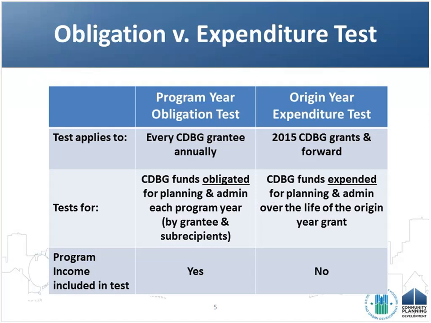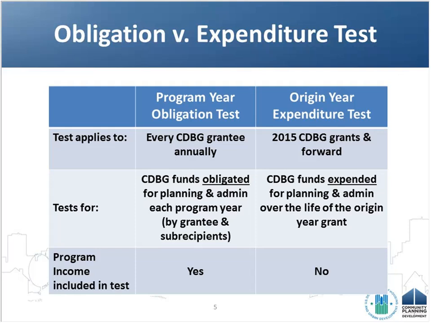For example, if the 2016 grant was used for admin activities, like 5% were used for program year 2016, and then in program year 2017, another 10% of that grant amount was used for admin and planning, and 10% in program year 2018, cumulatively the grantee spent 25% of the 2016 grant on planning and admin activities.